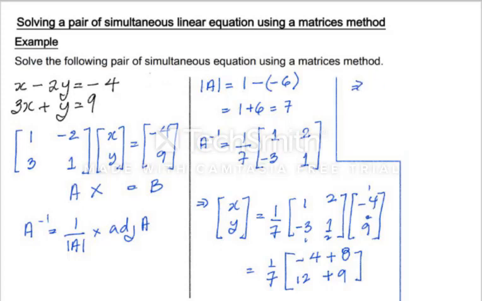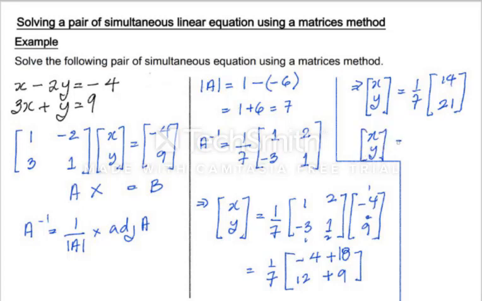Therefore, what we have is X, Y equal to 1 over 7 times the matrix with entries minus 4 plus 18, which is 14, and 12 plus 9, which is 21. 7 into 14 is 2. 7 into 21 is 3.